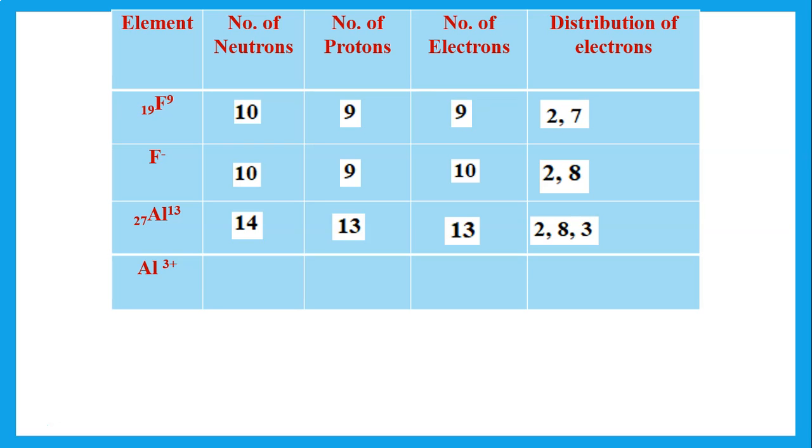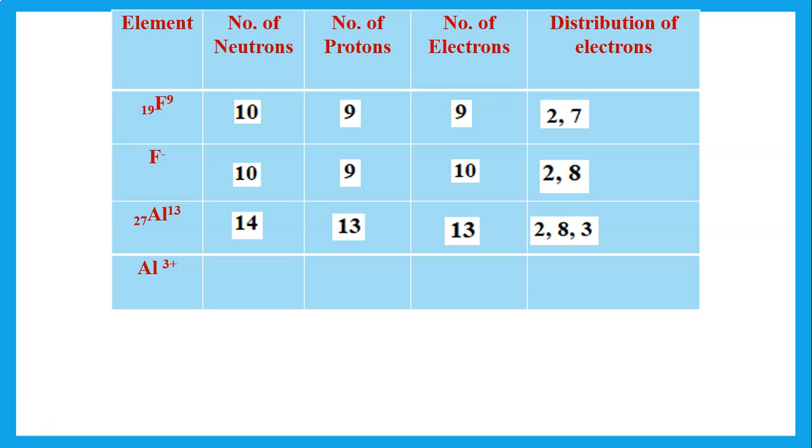What if I don't have aluminium, I have aluminium 3+. This is a positively charged ion. The numbers are the same, mass number 27, atomic number 13, but now I have a charge of 3+. So how many neutrons?